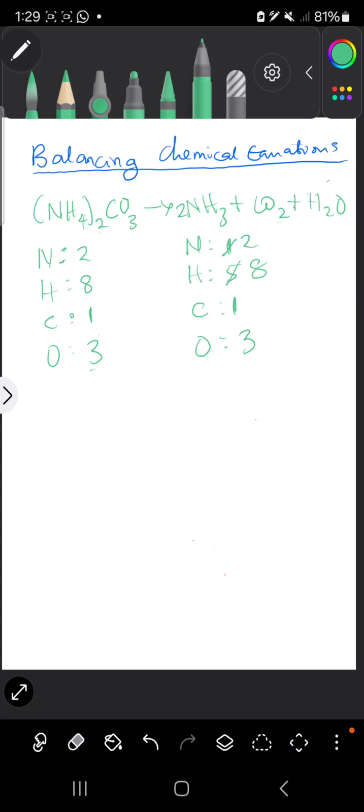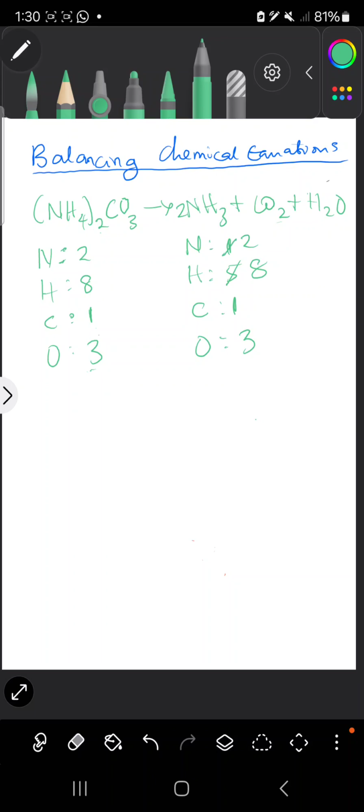That's just how to balance a chemical equation. So remember the first step. List out the atoms of each element and then the numbers of this atom available on the reactant side and on the product side. Having done that, try to balance the equation by adjusting the coefficients.